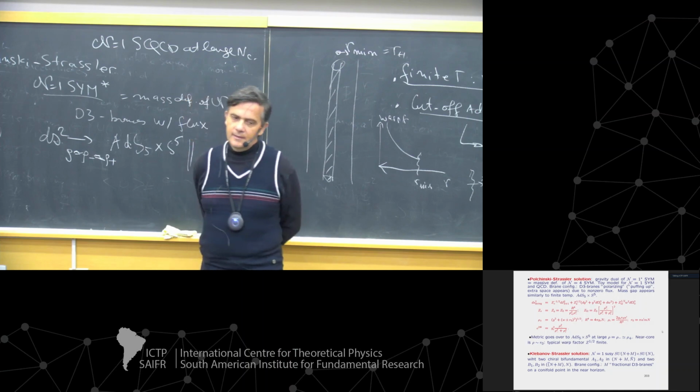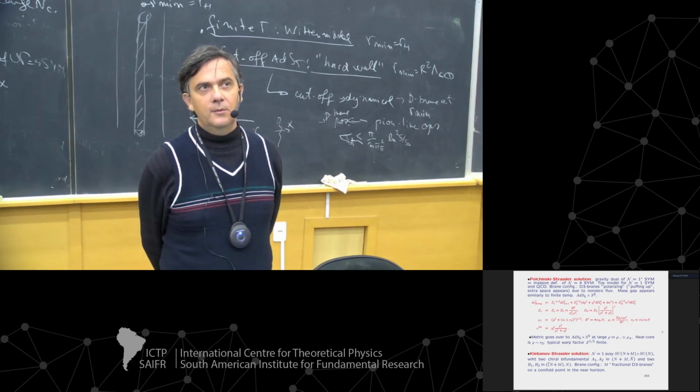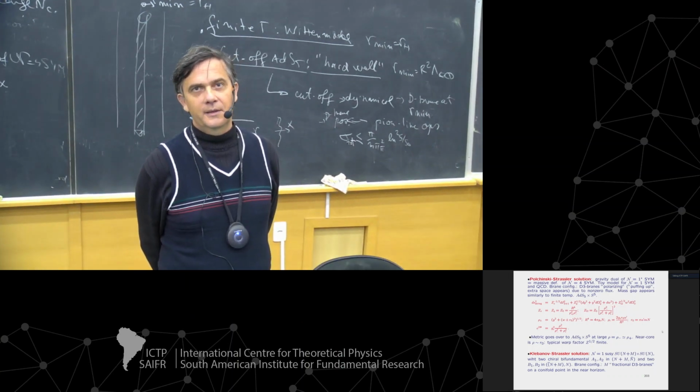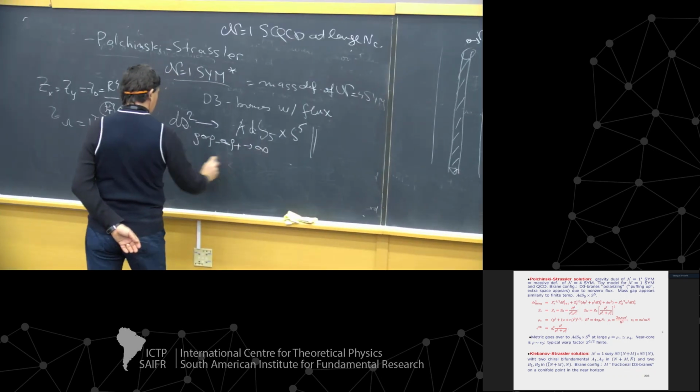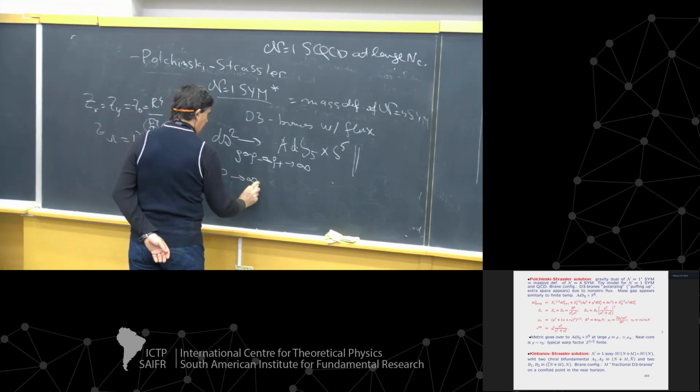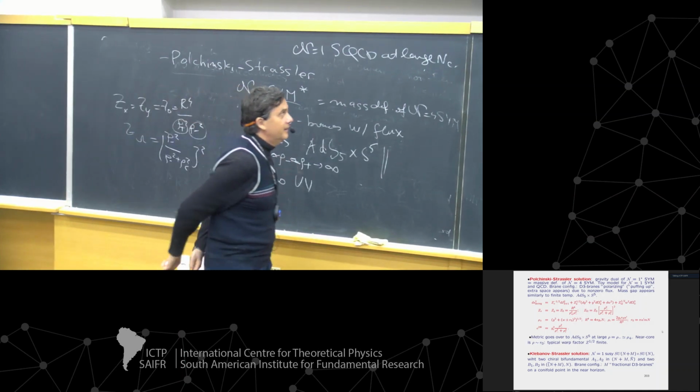We said that any theory, if we go into ultraviolet, looks approximately conformal. So rho going to infinity means ultraviolet. So in the ultraviolet, we should certainly have AdS-5 cross S5.